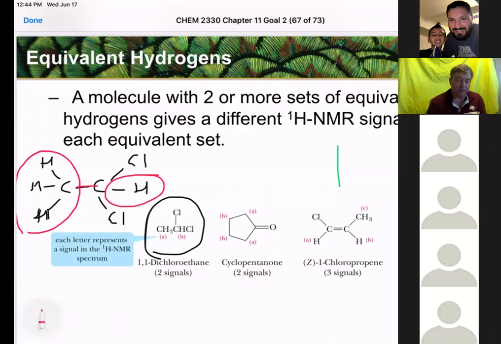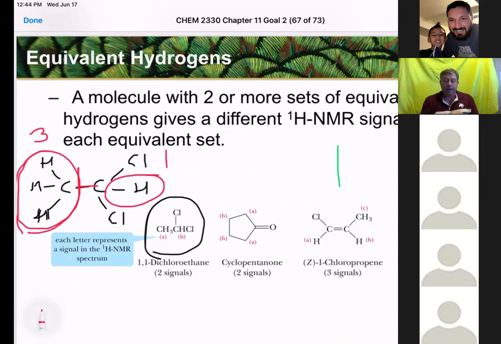It's different than the one over here. So now we have 2 different kinds of hydrogens, right? So that means we're going to have 2 signals in our NMR because we have 2 different types of hydrogens. When we look at the intensity of these 2 signals, the first signal is going to have 3 intensity, and the other one's going to have a single intensity.